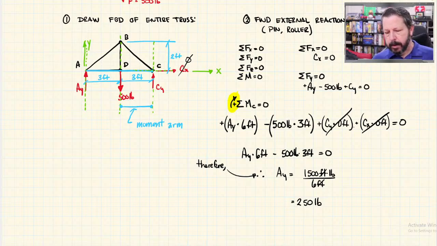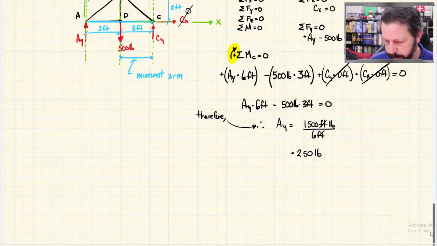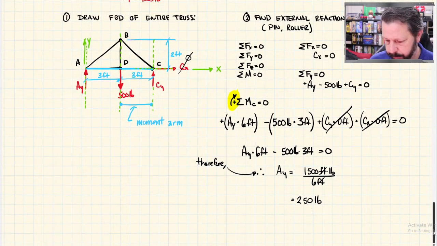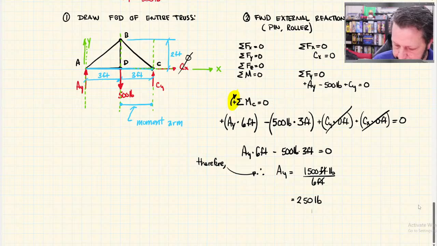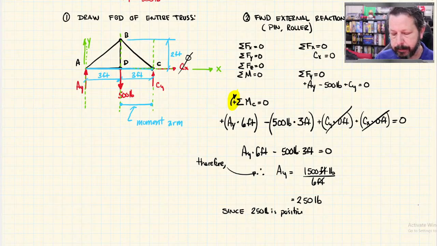Okay. So a couple of things about this 250: it came out positive. So let's scroll a little bit up. Well, didn't want to go where I want it. Well, that's fine. So since this is positive, because we could have solved the equation and gotten AY equals a negative number, and that'd be okay.